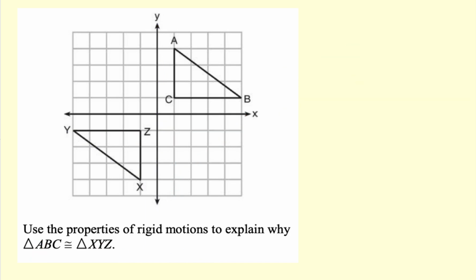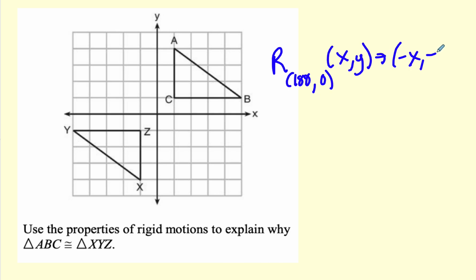Let's take a look at this problem again. We could have really done this problem in one rigid motion, and that rigid motion is a rotation of 180 degrees about the origin, and that will take all my points (x, y) and map them onto (opposite of x, opposite of y). Let's go ahead and make sure.